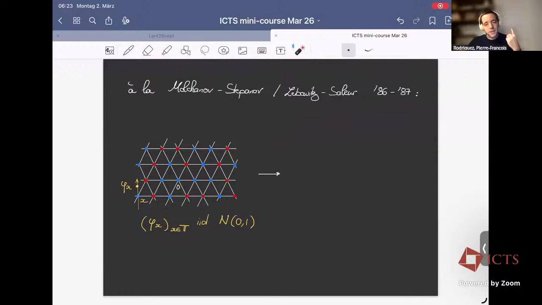The spin that you put at each vertex x is just a random variable phi x, which is a standard Gaussian. And you choose these standard Gaussians completely independently. So phi x is independent of phi y whenever x is not equal to y. You can think of this, if you like, as a sort of discrete white noise field.